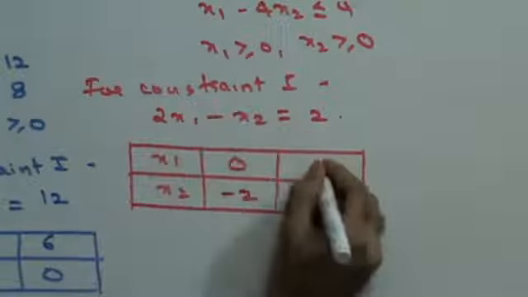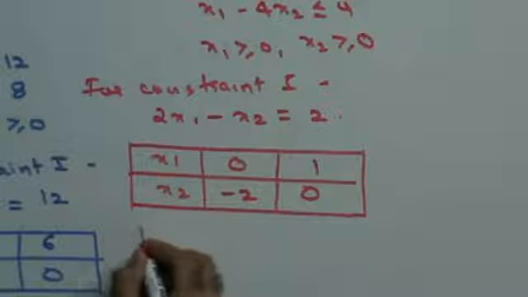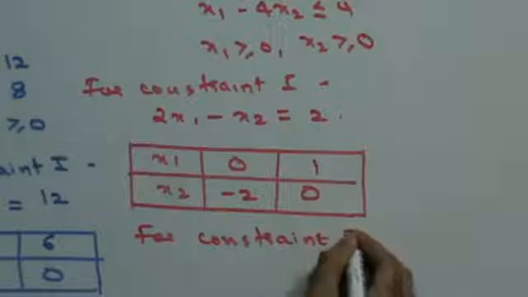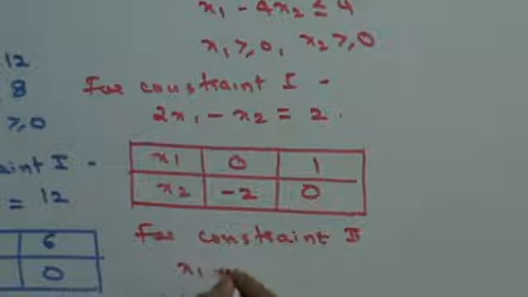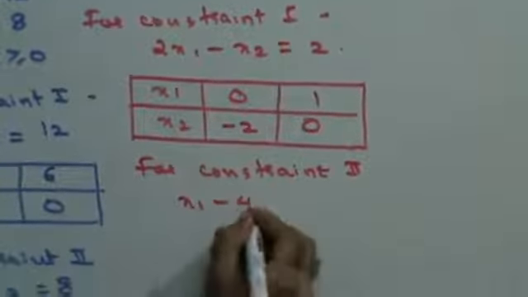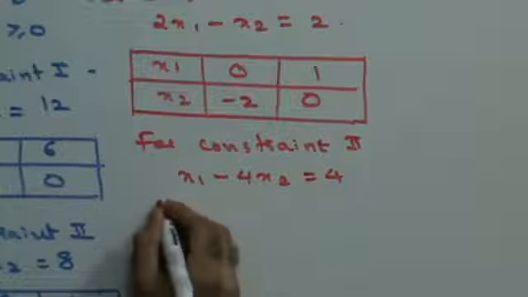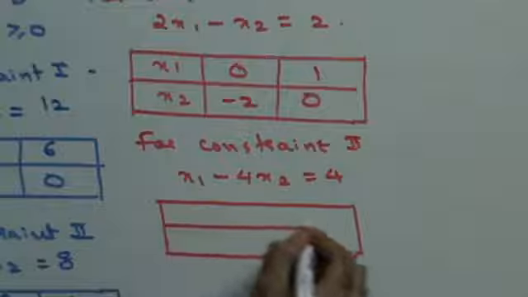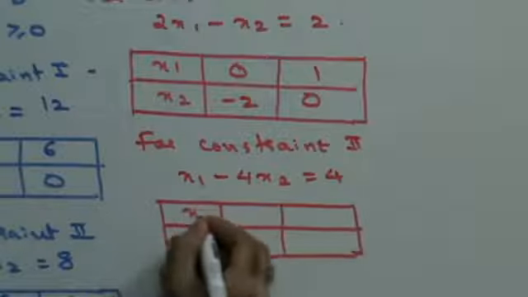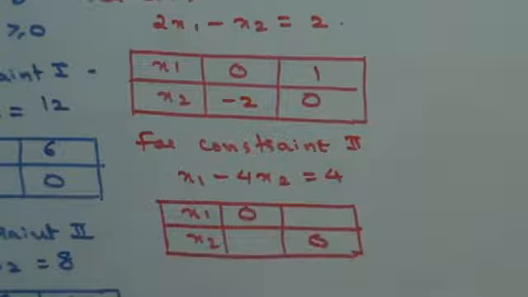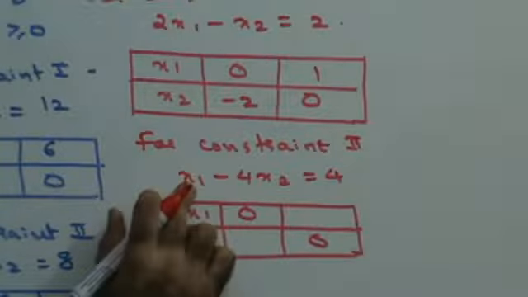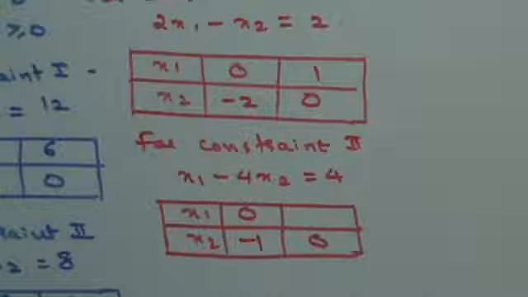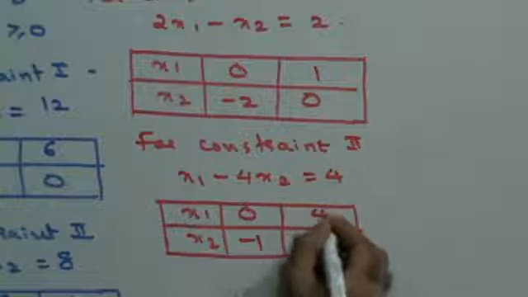If x2 is 0, x1 will be equal to 1. Now for constraint 2, x1 minus 4x2 is equal to 4. x1, x2, 0, 0. If x1 is 0, then minus 4x2 is equal to 4, so x2 will be equal to minus 1. If x2 is 0, then x1 will be equal to 4.